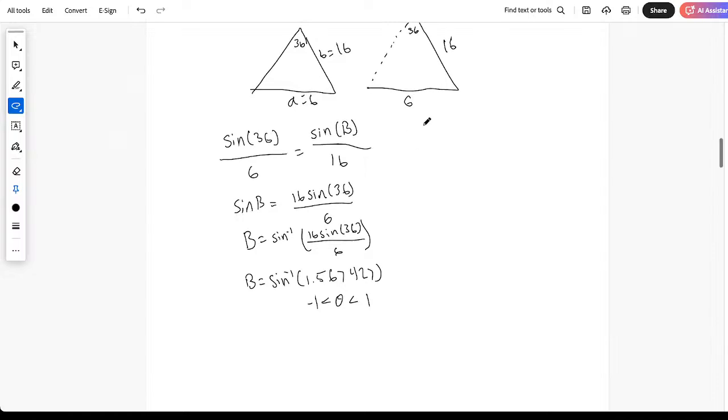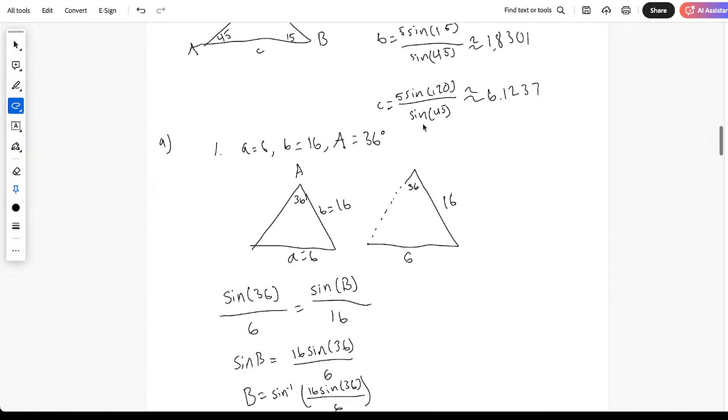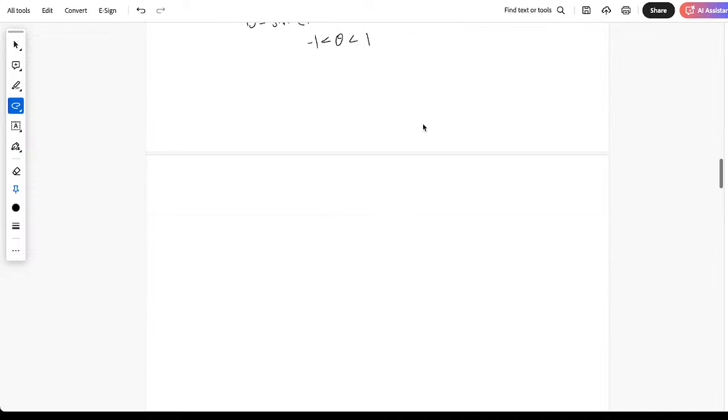Okay, part 2. I know that was part 1 of this question. I'll try and condense it so it's not as big this time. So side A is 22.6, side B is 16, and angle A equals 35 degrees.